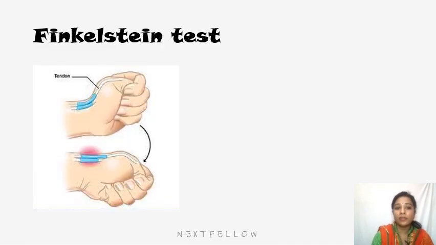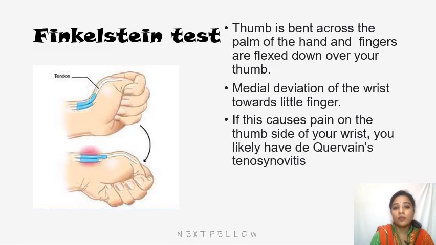So how do we do the Finkelstein test? The thumb is bent across the palm of the hand and the fingers are flexed down over the thumb, as you can see in the first image. Then radial deviation is done, and further deviation of the wrist towards the little finger.